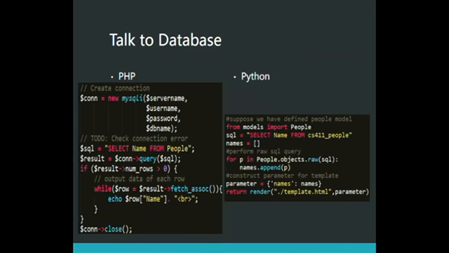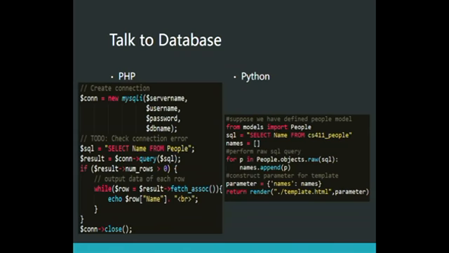In Python, the frameworks probably have some kind of wrappers to make your requests more convenient to the database. We don't want you to use those wrapper functions. We want you to write raw SQL queries for the purpose of this class. Like here, I'm constructing a SQL query as well, and I just do people.objects.raw.